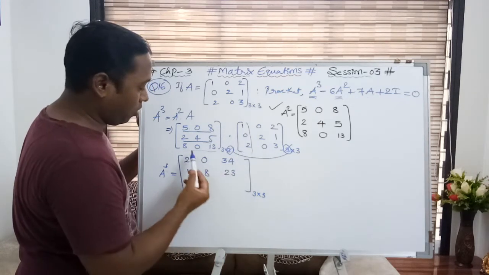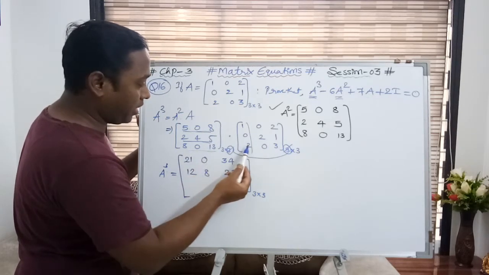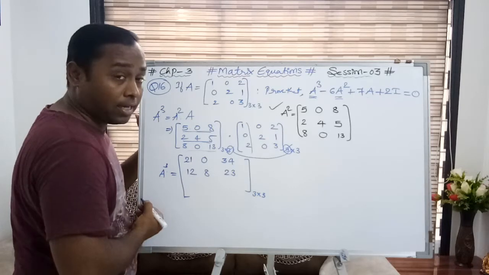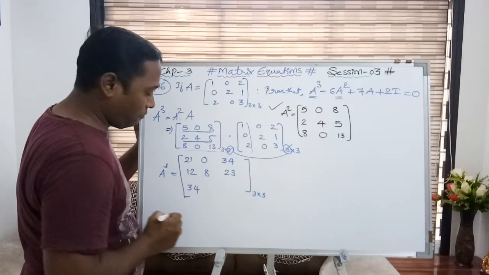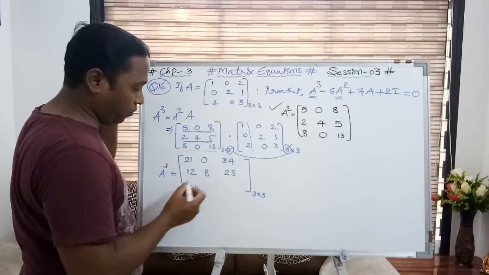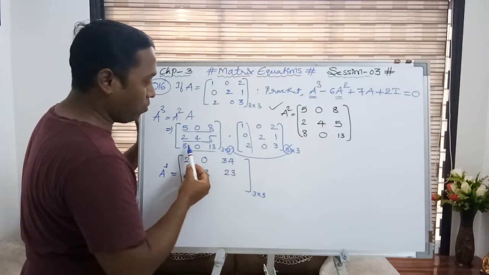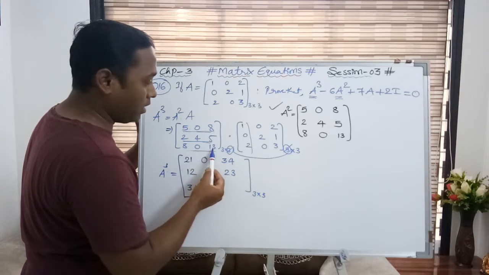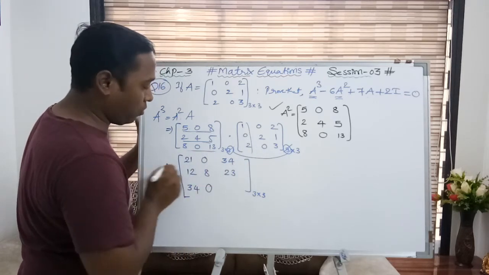Third row, first column. 13 twos are 26. 26 plus 8, 34. Then third row, second column, that is 0, 0 and 0, because the corresponding elements are 0, so the sum is also 0.